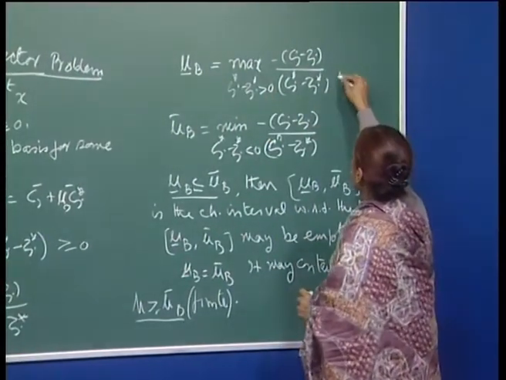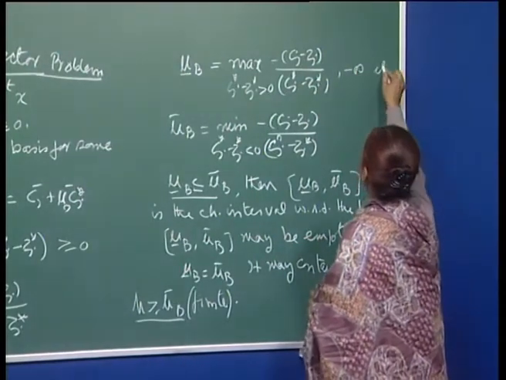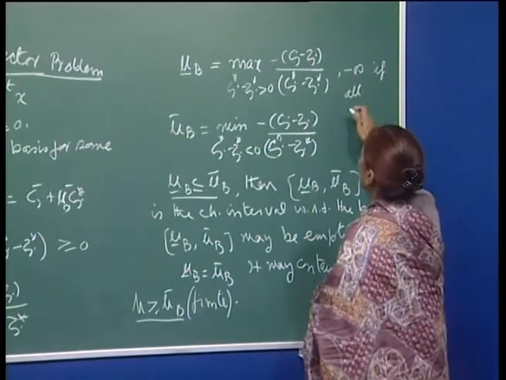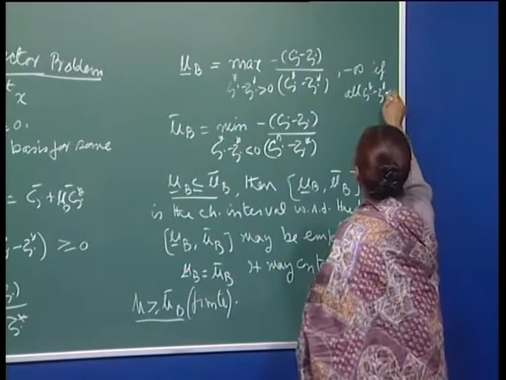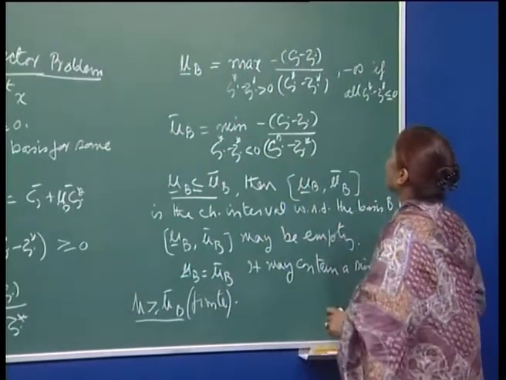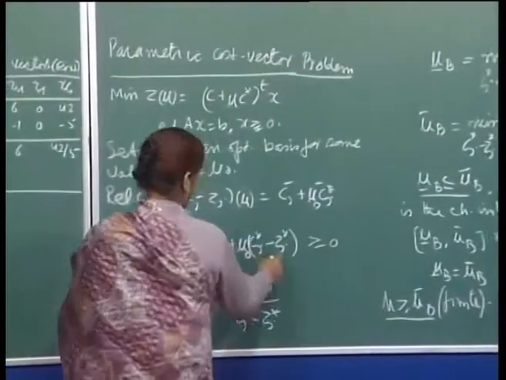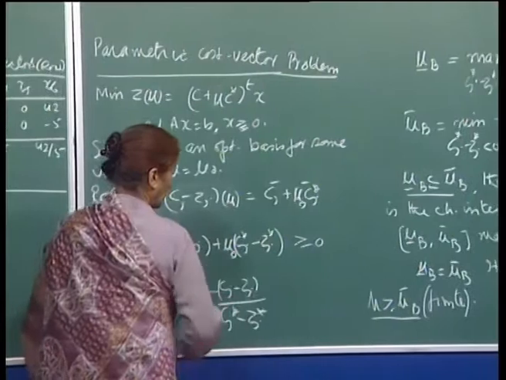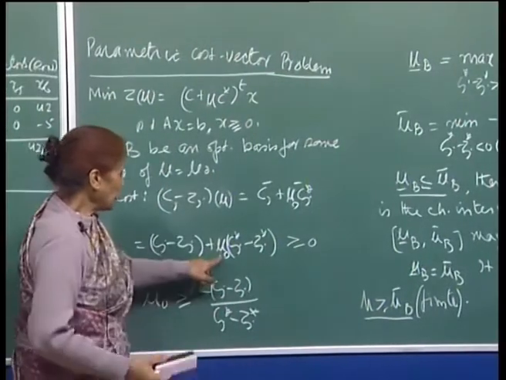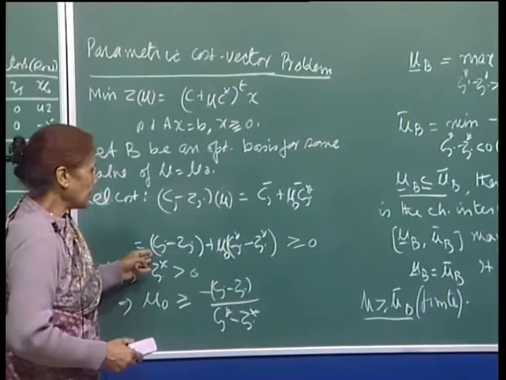But otherwise it will be what? Mu B lower bar will be minus infinity if all Cj star minus Zj star are less than or equal to 0. You can see from this inequality, if all these are less than or equal to 0, then mu can be made as small as you wish and the inequality will continue to be satisfied.